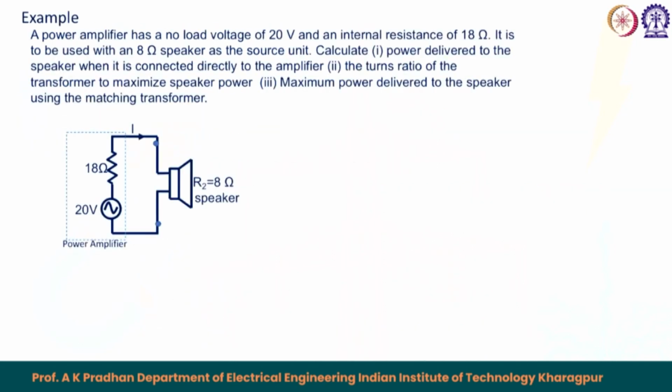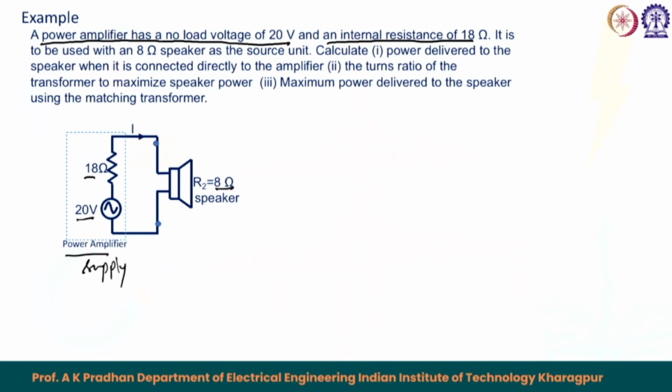Now, I will go to a similar example. A power amplifier has a no load voltage of 20 volt and an internal resistance of 18 ohm. So, 20 volt and 18 ohm, this is a power amplifier which is the source of the supply. It is to be used with an 8 ohm speaker.